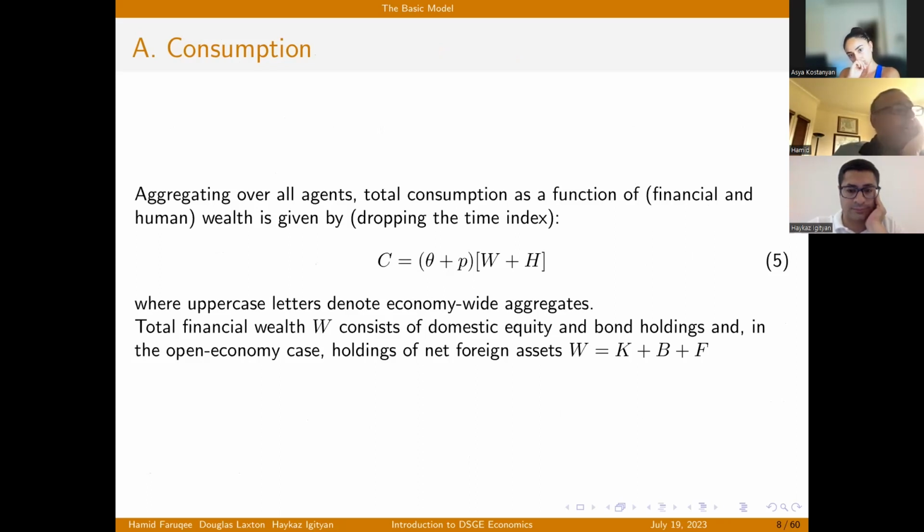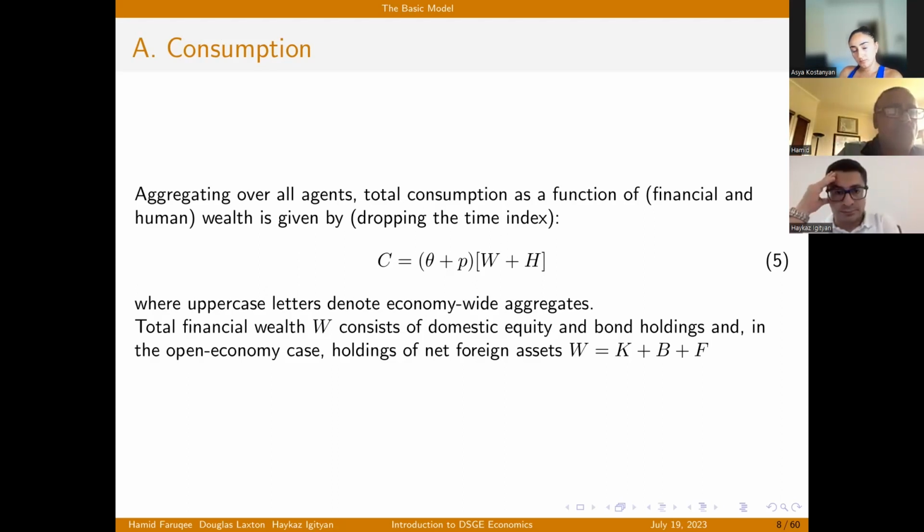Then one of the beauties of the Blanchard model is that its aggregation properties are very tractable, and it's easy to aggregate up those individual consumption functions that you saw in the previous slide. We use uppercase variables to denote aggregate variables, and here we've dropped the time index as well.